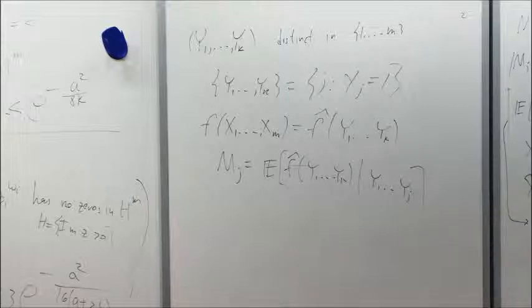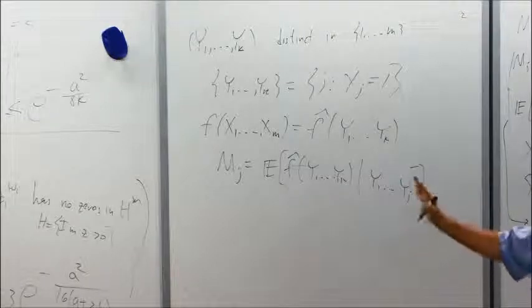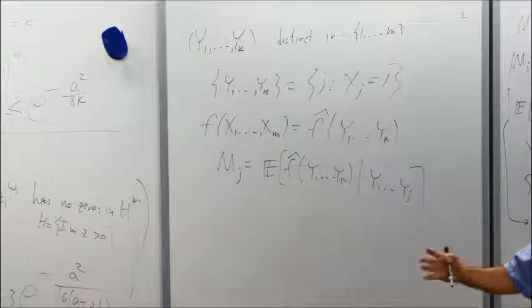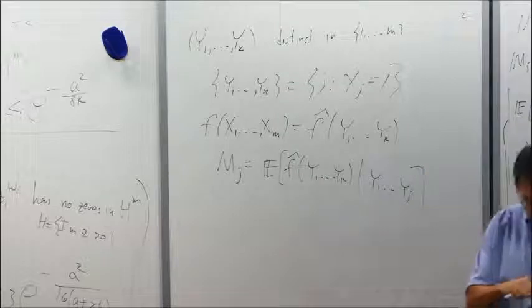If I condition on one more y, then it's conditioning that I picked one extra location, and that turns out to be exactly the same as conditioning on that location being on. So there's something to check here, but it works, and it means this Martingale differs by at most 2, so the argument works.